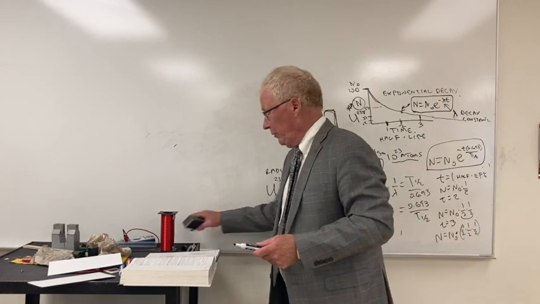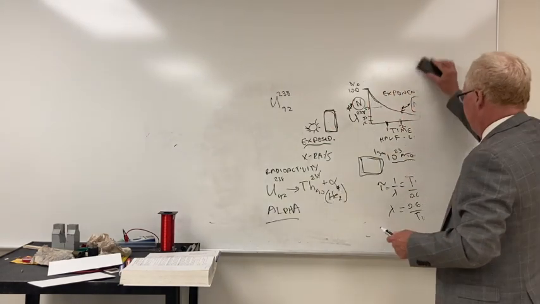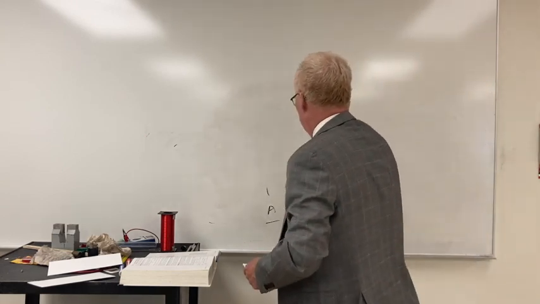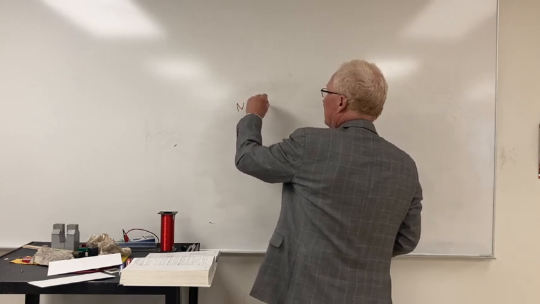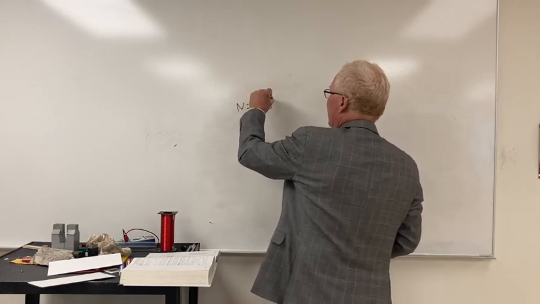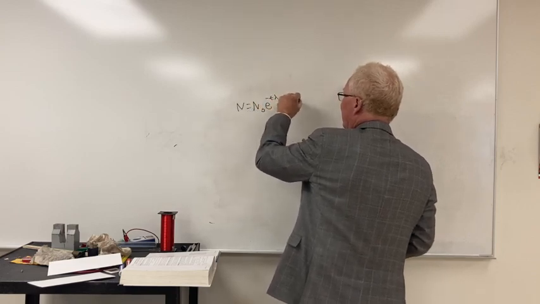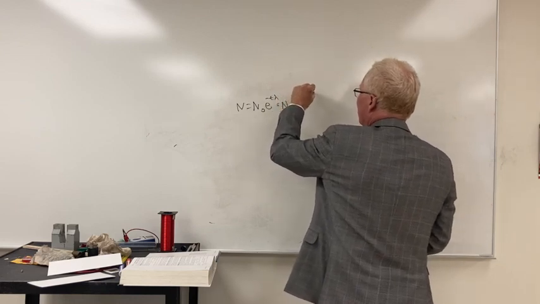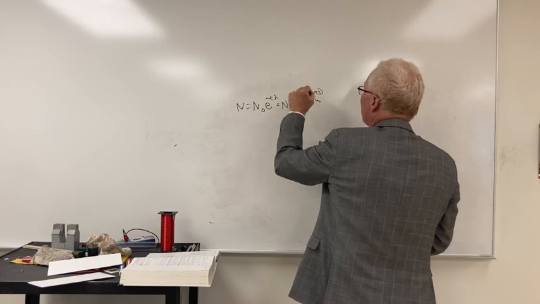So again, N is N naught e to the minus lambda times t, which is N naught e to the minus t times 0.693 over t half-life.